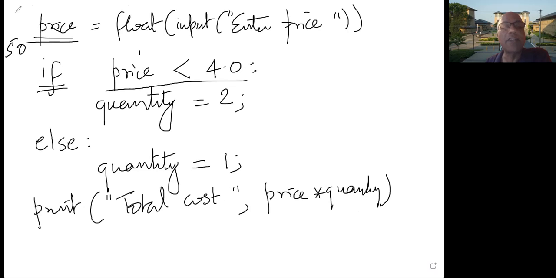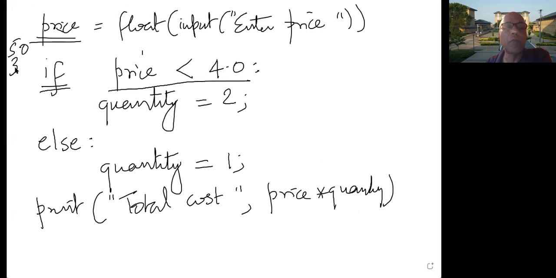On the other hand, suppose we had a price of milk as $3 instead of 5. If price is 3, which is less than 4, we will select this. Quantity would now be 2.